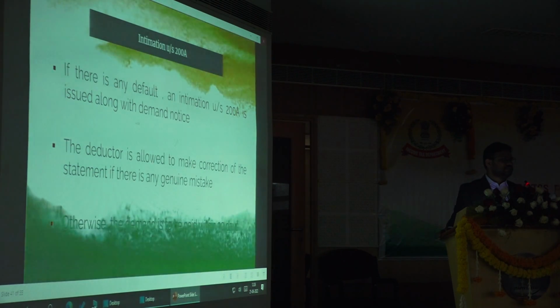In most of the cases, the default is on account of some clerical mistake committed by the data entry operators or deductors. So if it is not corrected within 30 days, the demand will become due and you have to pay the demand. That is again the liability of the deductors. It will not be deducted from the deductee but from your own account.